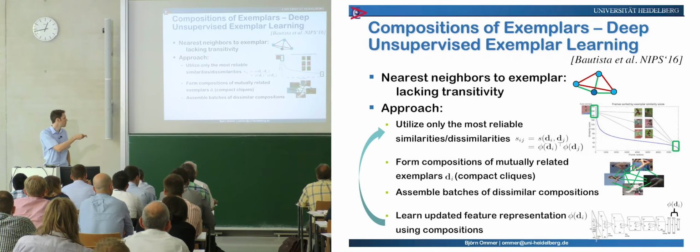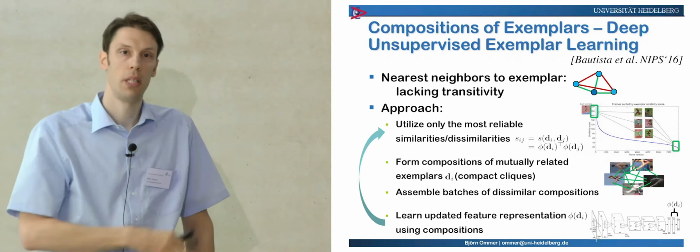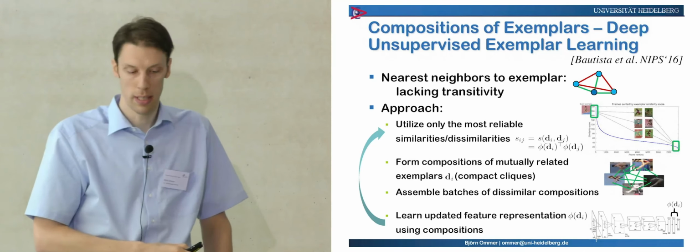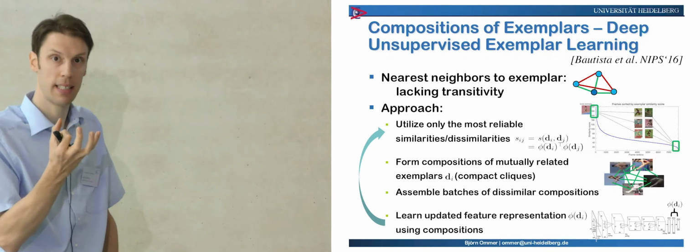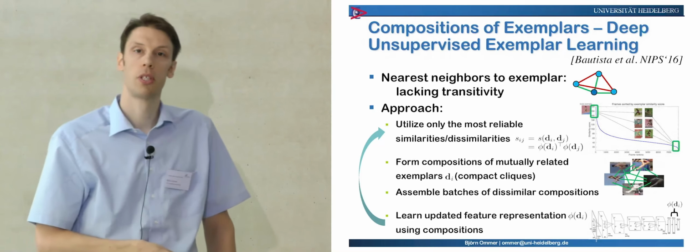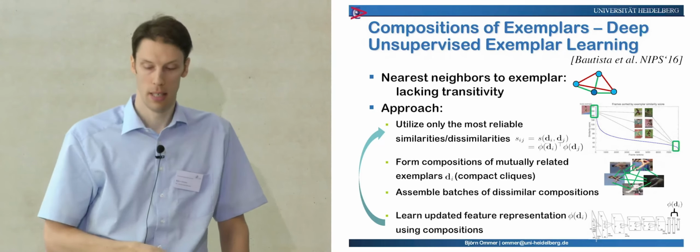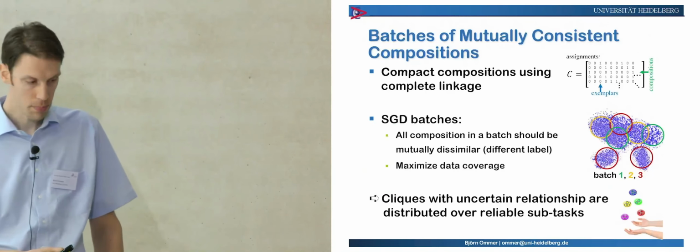Then we have similarity relationships and dissimilarities, and we can eventually train a standard convolutional neural network, whatever that should be, AlexNet or VGG, GoogleNet, and so on. Get a representation, an embedding as we've seen it beforehand, and with this embedding we then get new similarities which we can utilize then to continue with that approach.